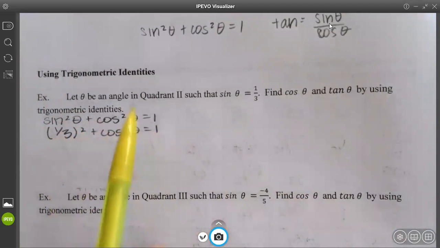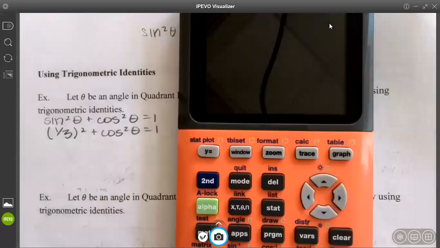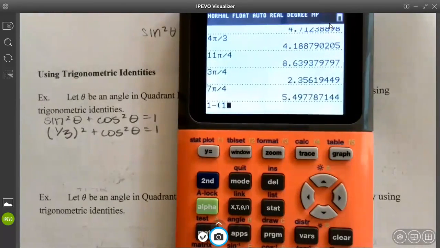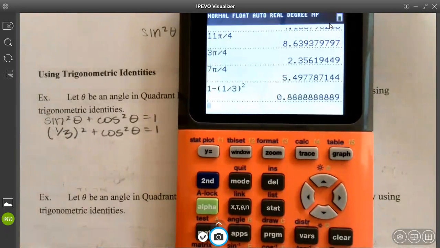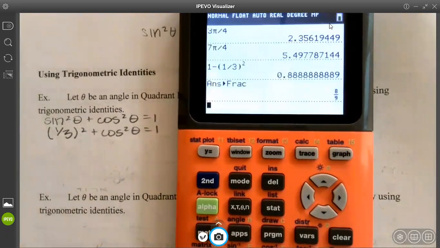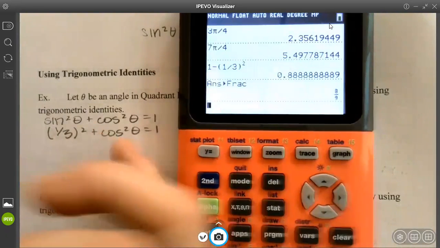How do I get this 1/3 squared on the other side? Subtract it. A normal problem. Don't act like this is something new. Okay, to solve, we subtract the 1/3 squared. You can go ahead and square that if you want to. If you'd like to see it in fraction form, it's 8/9.